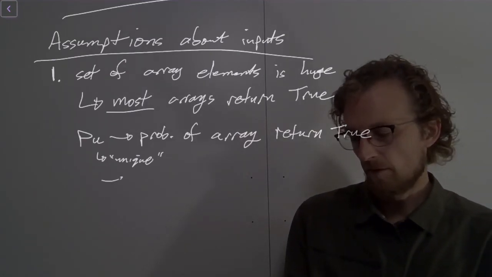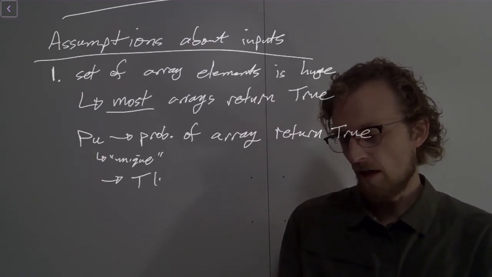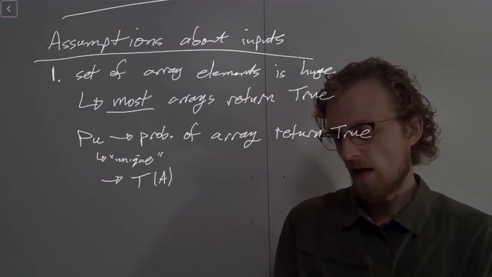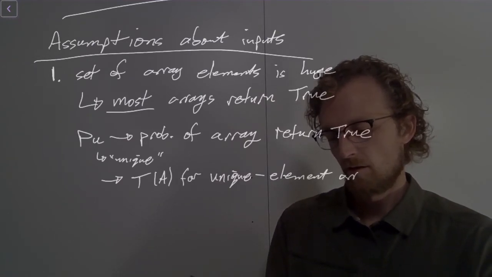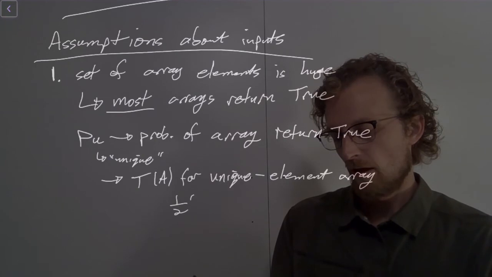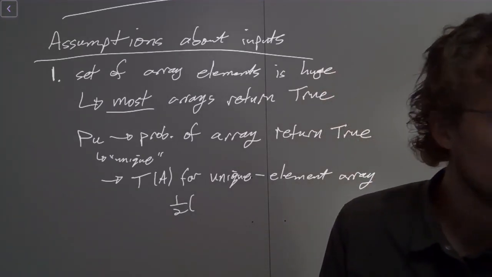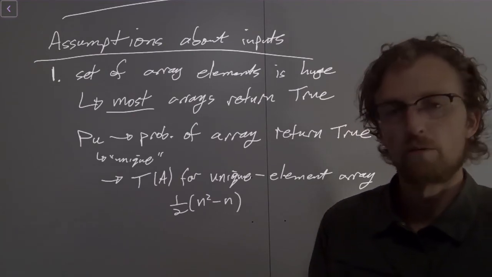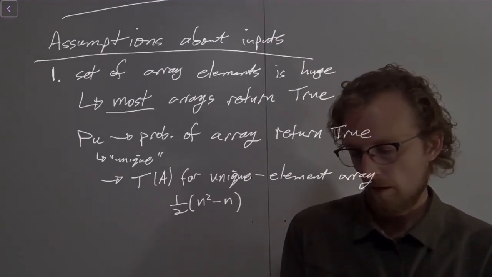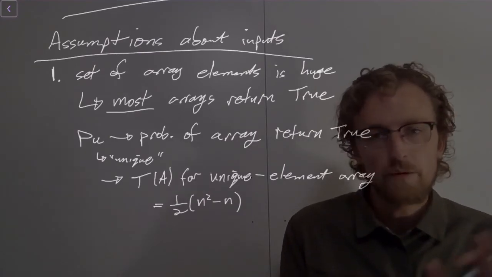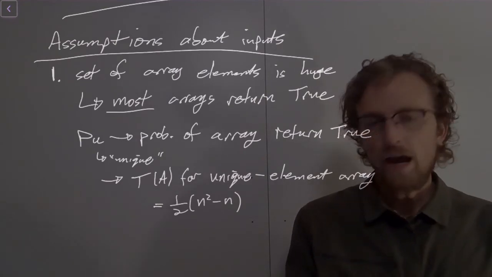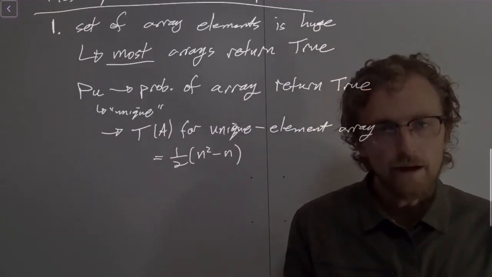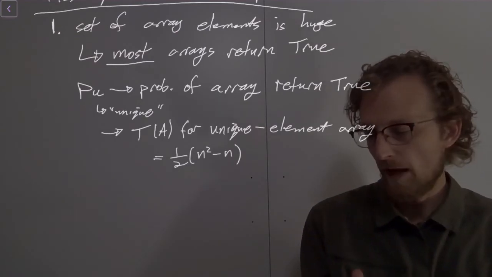So the running time, T of A for a unique element array, is 1/2 (n squared minus n). We worked that out in the previous set of videos. So with probability PU, we have that running time, because we're making this assumption that we have a massive number of array elements.